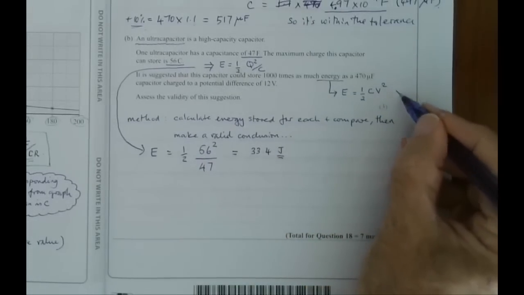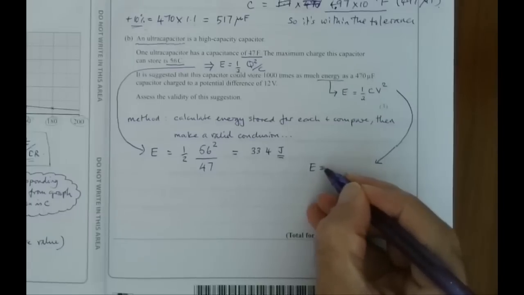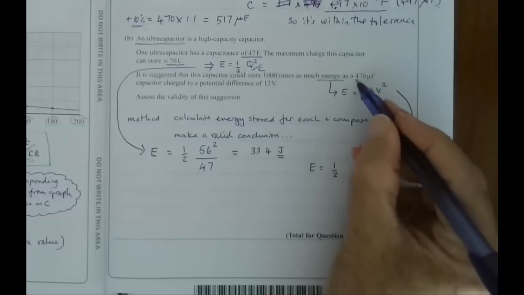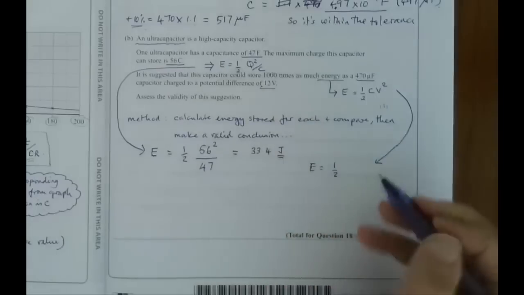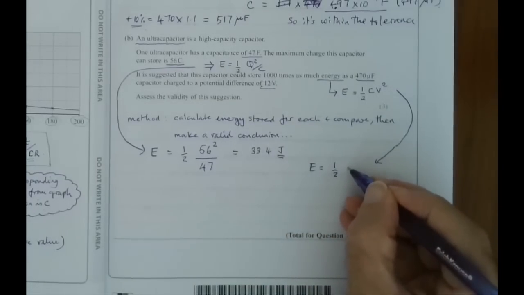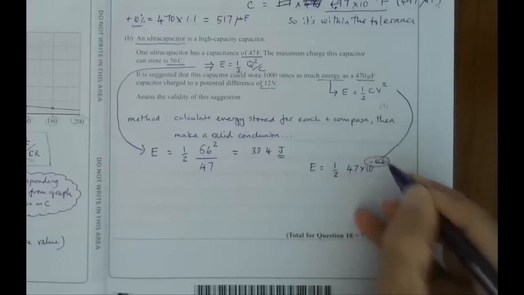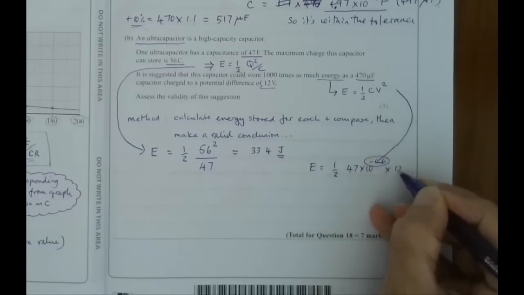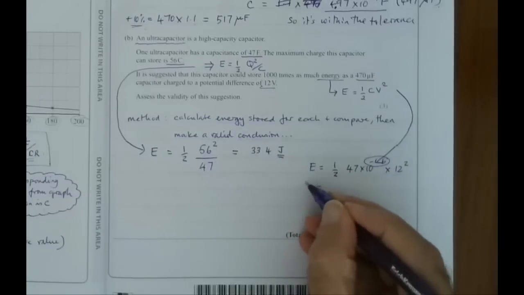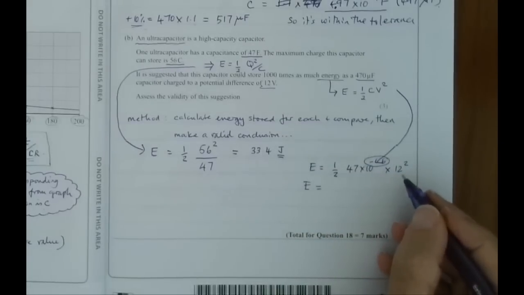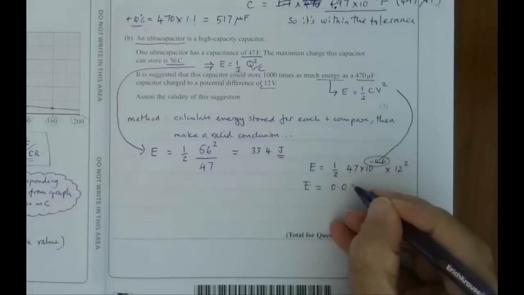If you then do it with this equation, for the microfarad capacitor, this time you've been given the capacitance as 470. So you then use C, and we have the voltage, so you have to use the different formula. You put 470 times 10 to the minus 6, and multiply it by 12 squared. When you can see that obviously minus 6 is going to make the energy much lower. The energy value, when you put those in your calculators, will give you a value of 0.0338 joules.